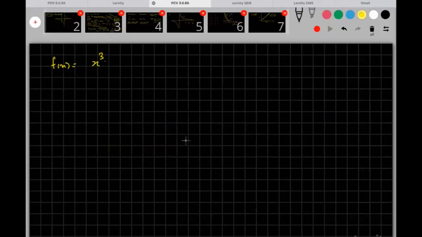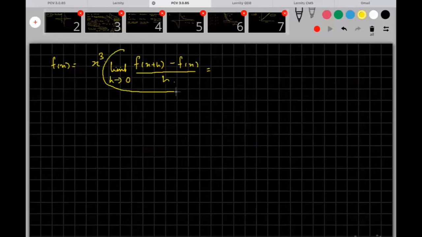Then I am talking about the limit as h tends to 0 of f of x plus h minus f of x, divided by h. So what will this be equal to? Can you work it out and see what it is equal to?